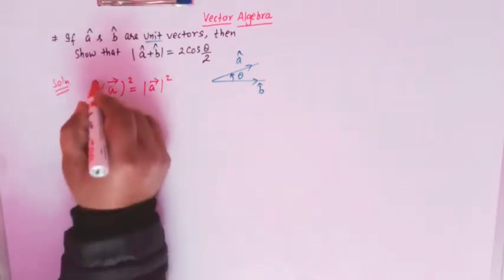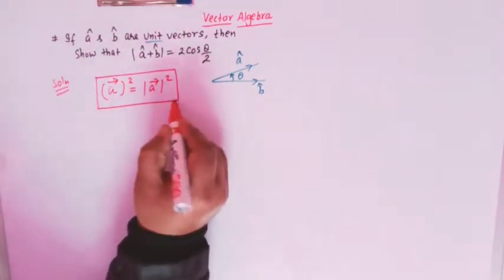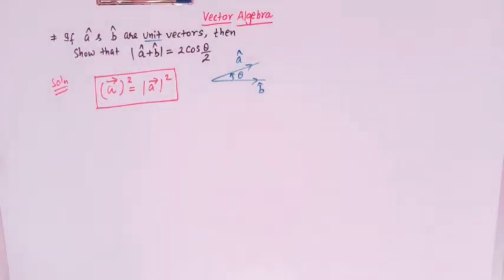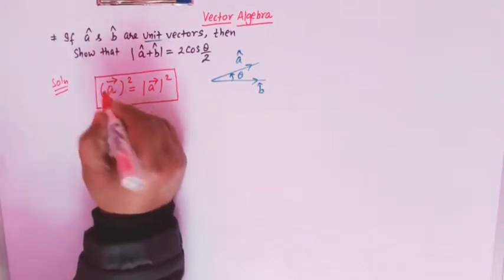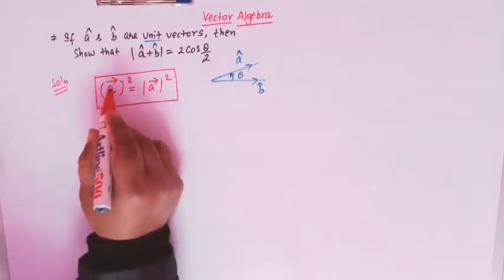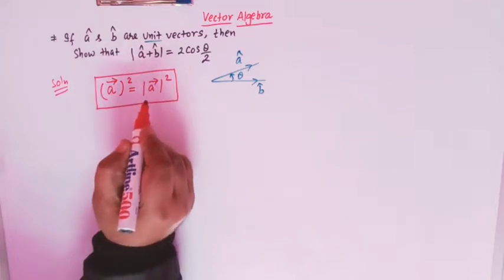This result will be used to solve this problem. We can solve this problem by some other methods also, but I prefer to use this result. So the square of a vector is equal to the square of its magnitude.